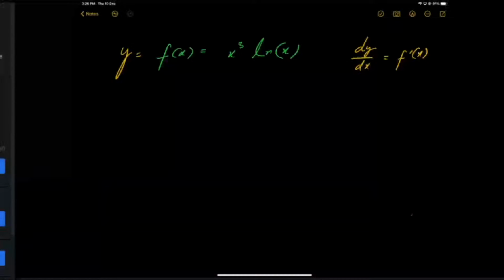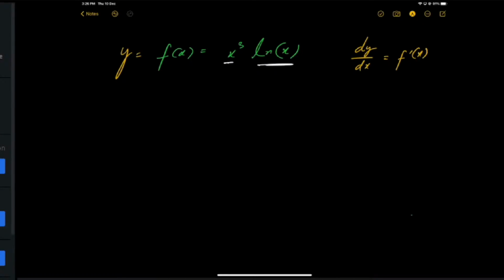Let us try to take the derivative here. It's again a question that involves the product rule. So f of x is a product of two functions. I'll write f dash of x.